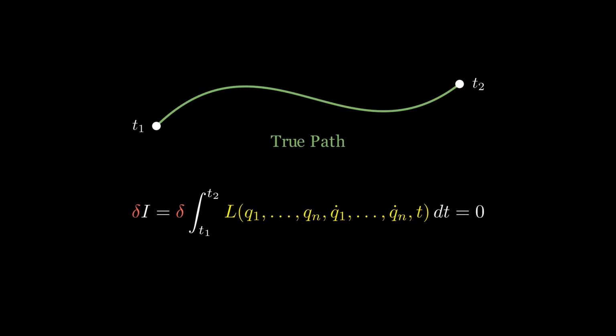We state that the variation of the line integral I for fixed times t1 and t2 vanishes. Here we have explicitly written the Lagrangian L as a function of n generalized coordinates qi, n generalized velocities qi dot, and time t. The delta operator represents a virtual variation, a comparison of the true path against fictitious neighboring paths occurring in the exact same time interval.